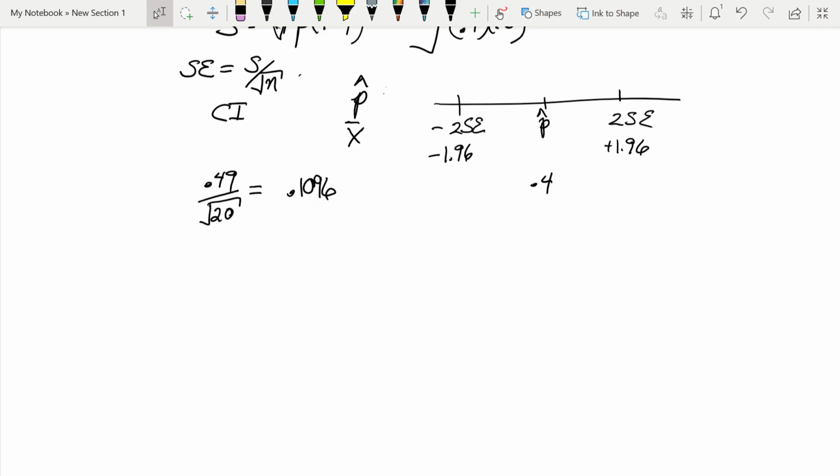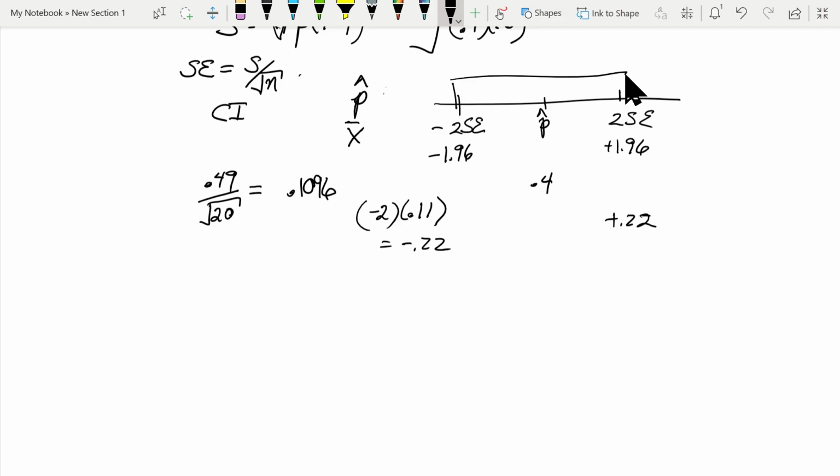So this confidence interval is on the low end, minus 2 times 0.11, minus 0.22, and on the upper end, it's plus 0.22. That's two standard errors, up and down. This is a 95% bet.